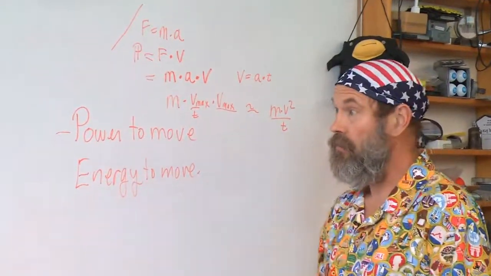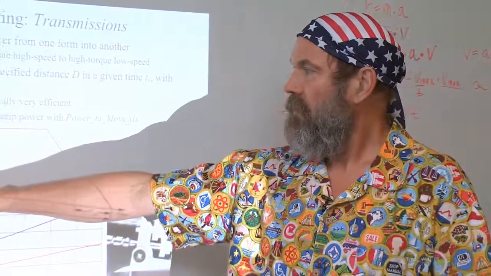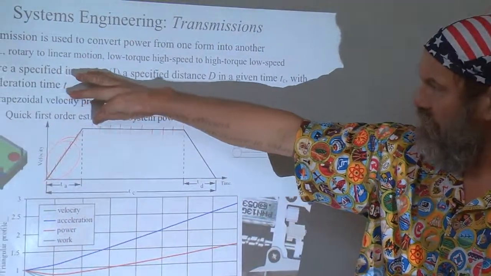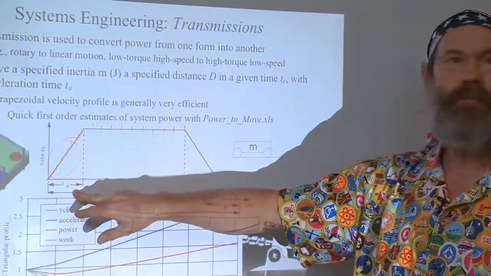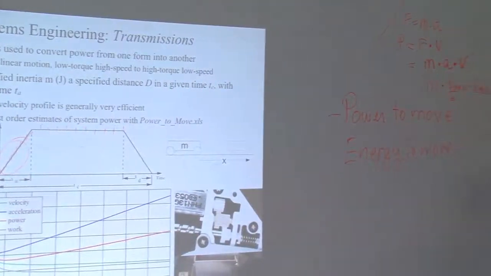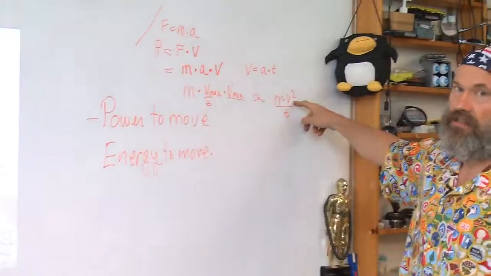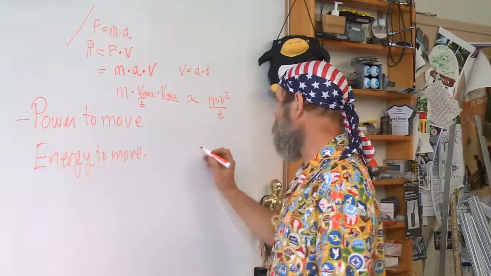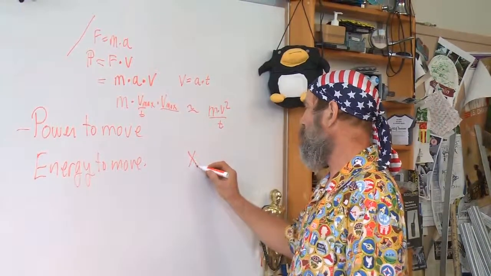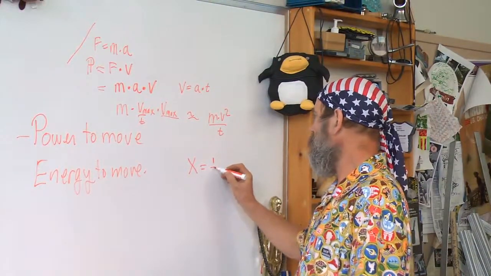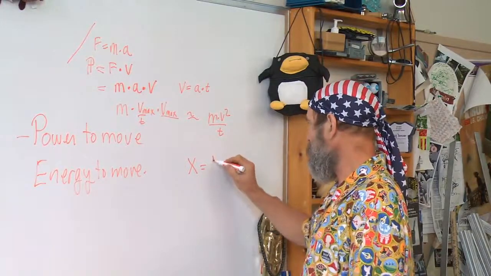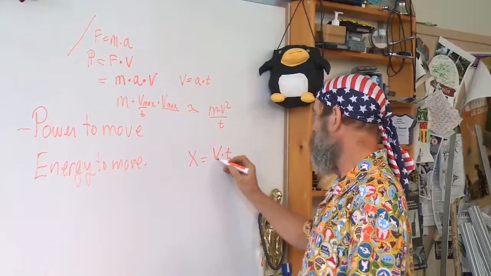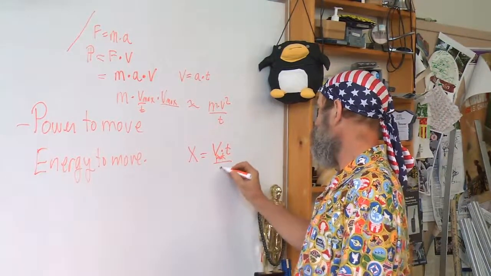In other words, if you tell me that you want to get to some peak velocity or transit velocity in some fixed amount of time, the power I'm going to need will go with the square of the velocity. Now, if you also look at the fact that the distance you move equals the peak velocity times the time over 2.